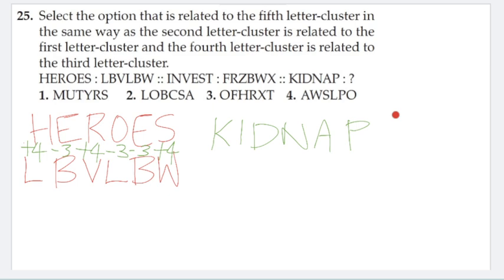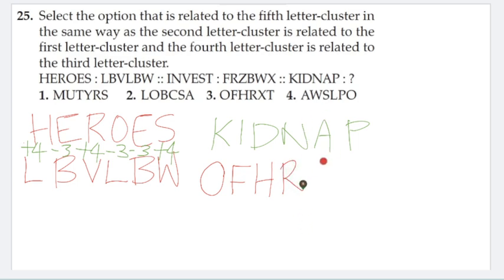So in the same way, K plus 4, it will come O. And I minus 3, it will come F. And D plus 4, it will come H. And again N minus 3, it will come R.